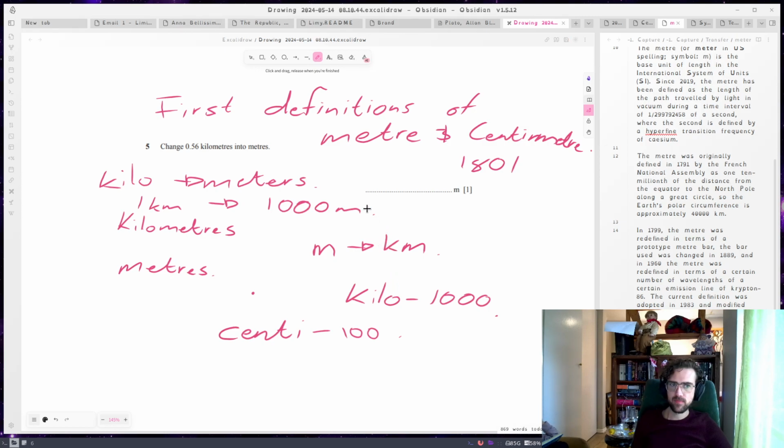Okay. So if I want to take 0.56 kilometers, I would kind of just need to multiply it by 1,000. So I take 0.56 times 1,000. That would give me the meters, right?